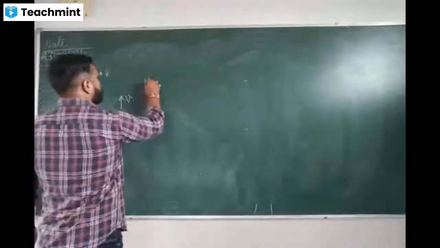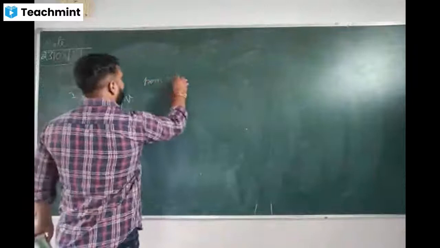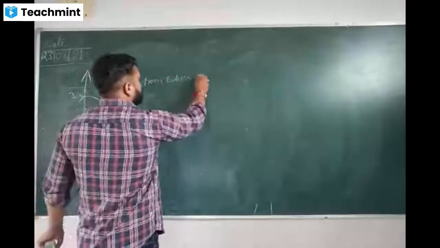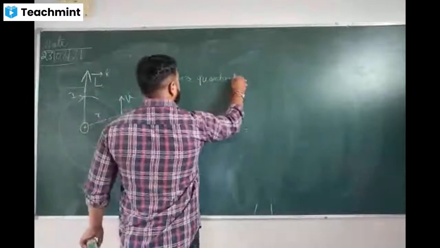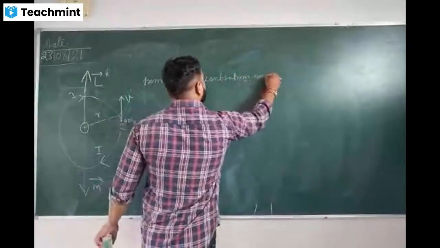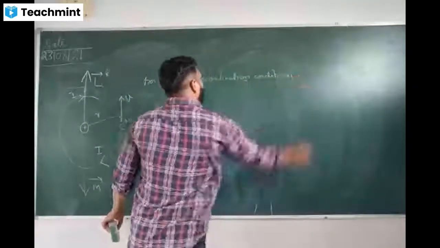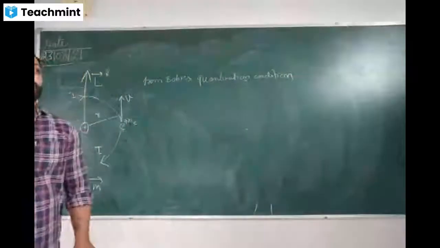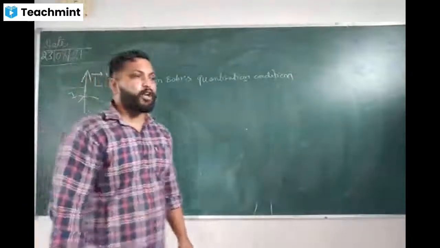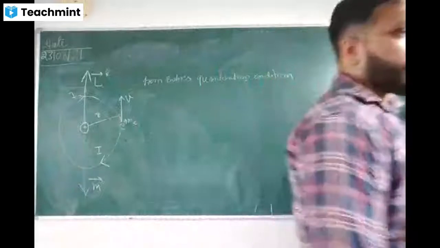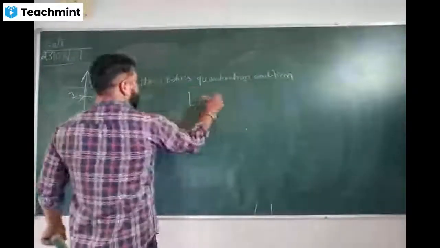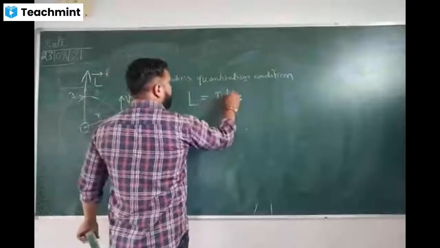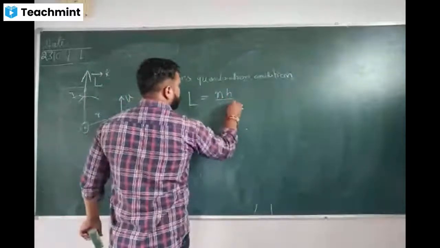So from Bohr's quantization condition, the electron around the nucleus will revolve only in those paths whose angular momentum is an integral multiple of h upon 2 pi.